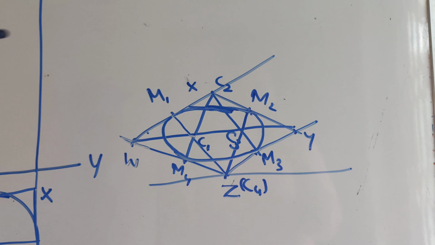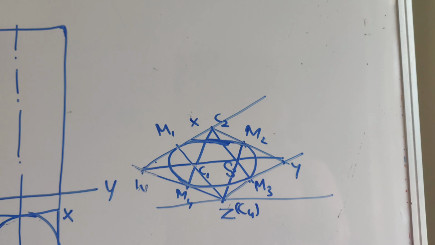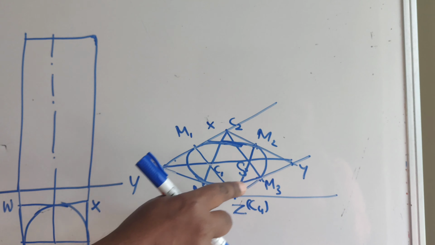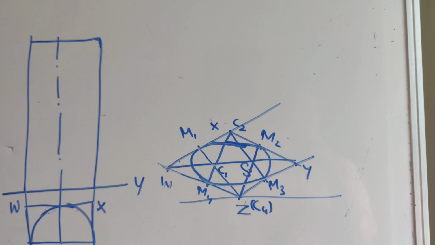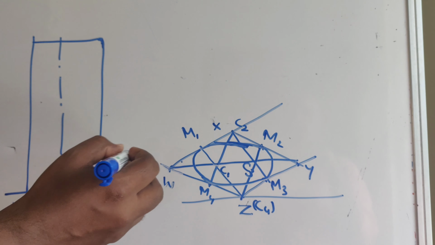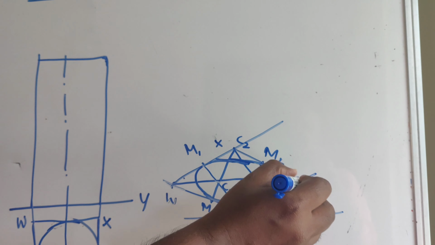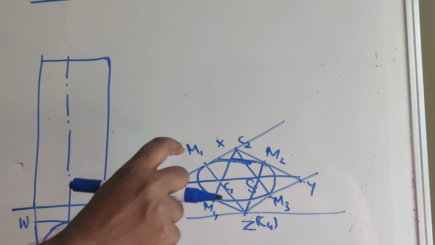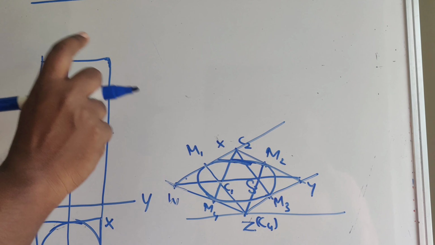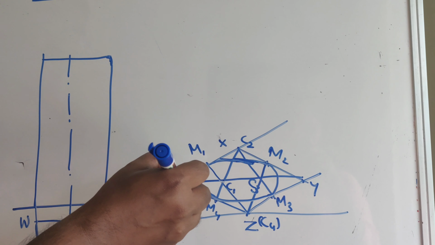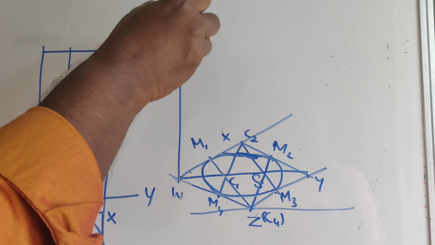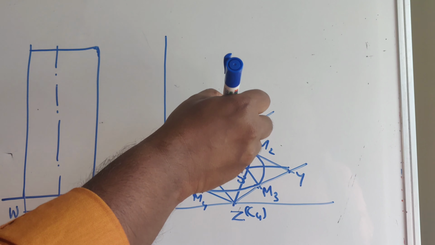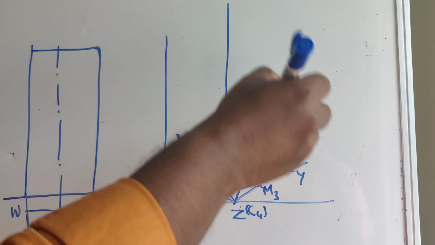Now we need the top base. How to get the top base? Again, you need another rhombus at the top. For drawing that, you have to take 60 from each corner of this rhombus, because that 60 means isometric length of 60, which is the height of the solid. So from W you are taking isometric length of 60. Remember that. Then from X you are taking the same distance.